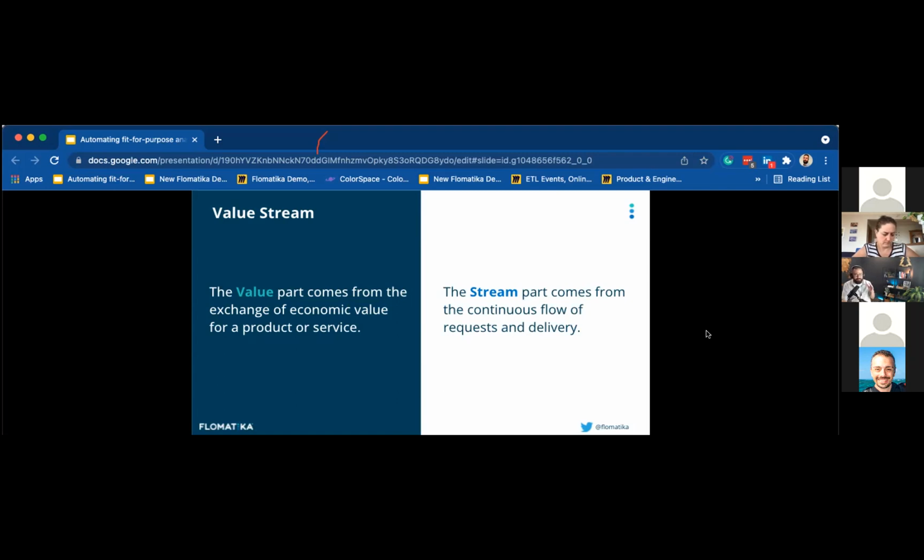I think that's the most fundamental concept we need to grasp when we are discussing services and value streams. It's all about request and delivery, in and out, and balancing demand and capability.